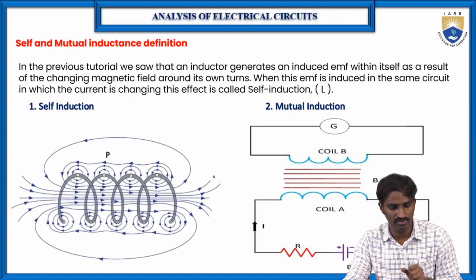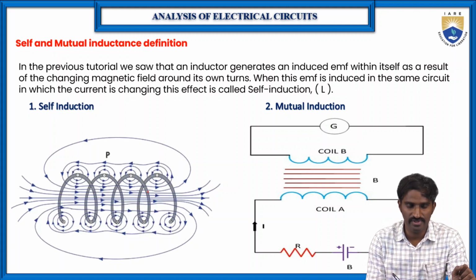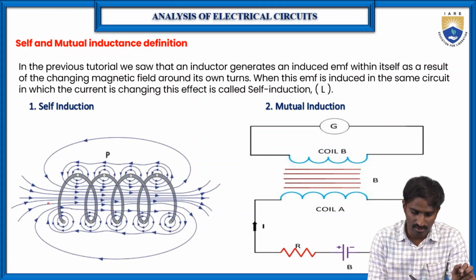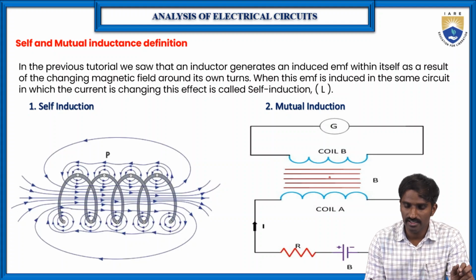In this diagram, for self-inductance, the flux produced by this particular coil links with itself. That is the self-inductance. In the case of mutual inductance, the flux produced by one coil links with another coil, so that an EMF is induced in that coil.